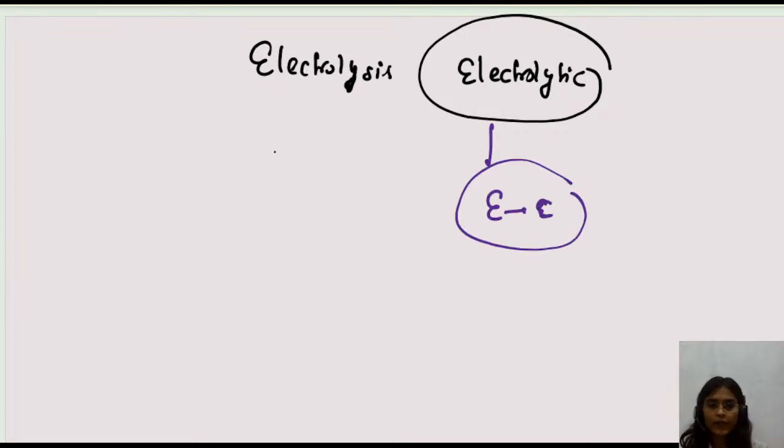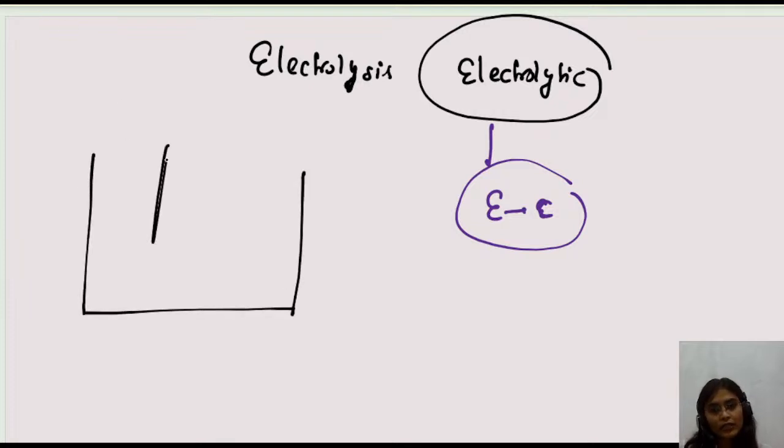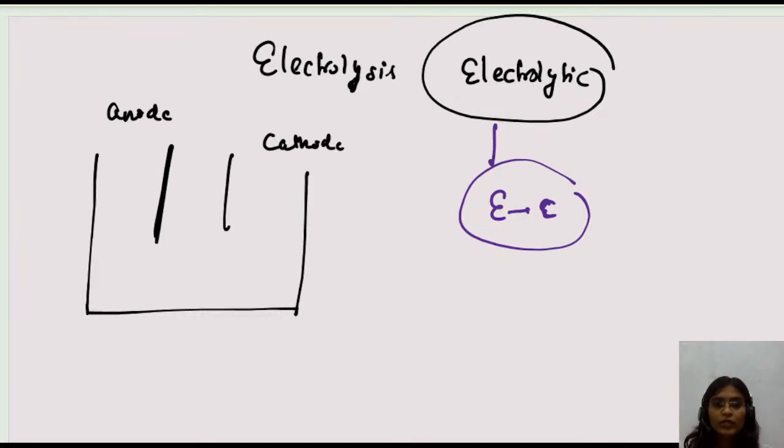Simple. If I'm talking about the cathode and anode here, the anode is on the left side and the cathode on the right side. Now, which kind of charge is on the cathode and anode? Anyone?